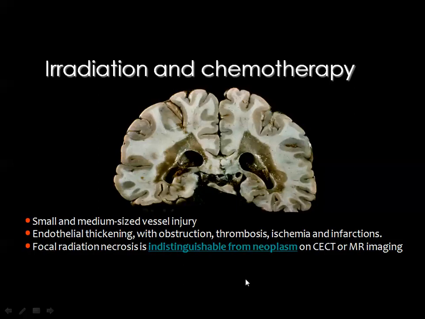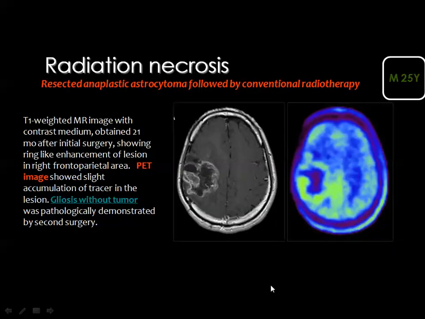And sometimes, and this is a well-known issue in medical imaging, focal radiation necrosis is indistinguishable from neoplasm, as I will show to you. This is a male adult, 25 years old, who had a resected anaplastic astrocytoma followed by radiotherapy.